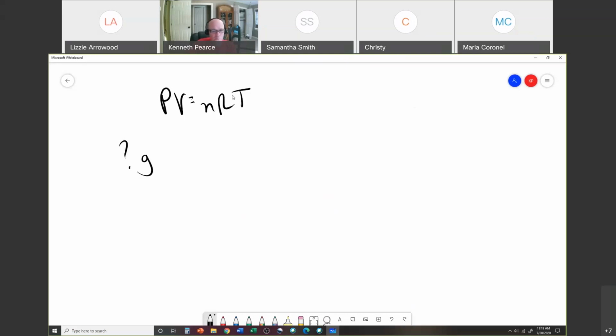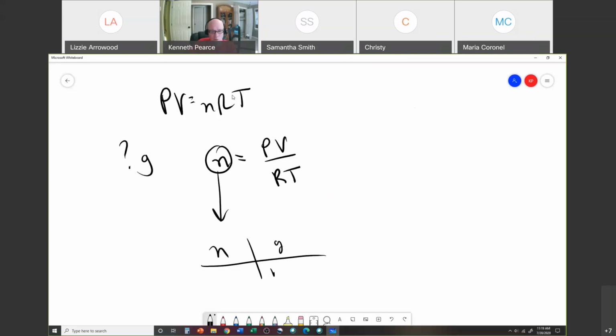Well, what you do is you rearrange the equation, you've got the moles, and then you say so many grams per mole. And there it is. So you're just using the molar mass you found.